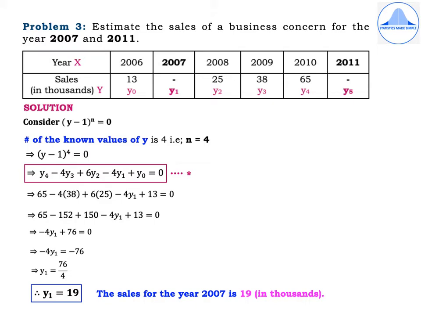Therefore, Y1 is equal to 19. The sales for the year 2007 is 19 in thousands.